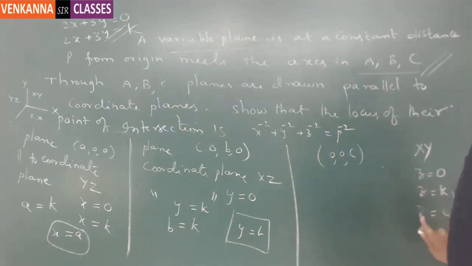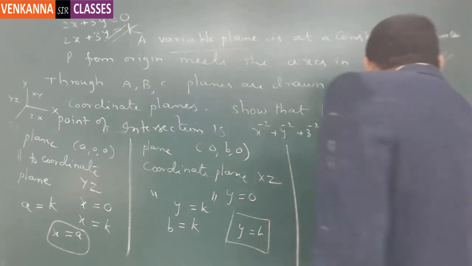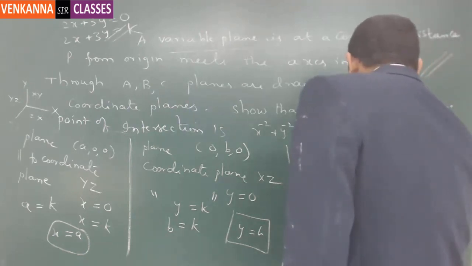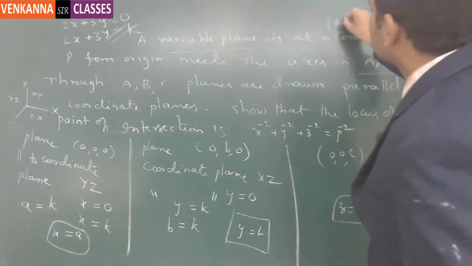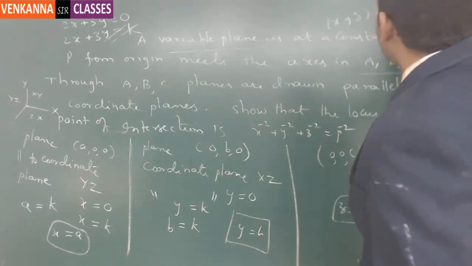Sorry, k is equal to c. Combining these two, you will get that z is equal to c. So you got that x is equal to a, y is equal to b and z is equal to c. So if you write the point of intersection, (x, y, z) is nothing but (a, b, c).